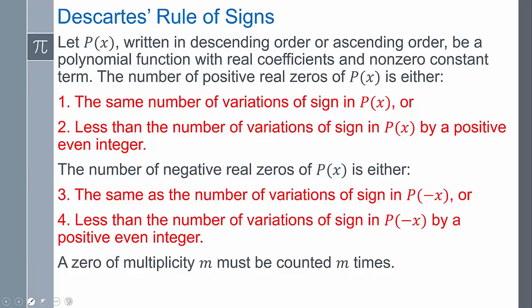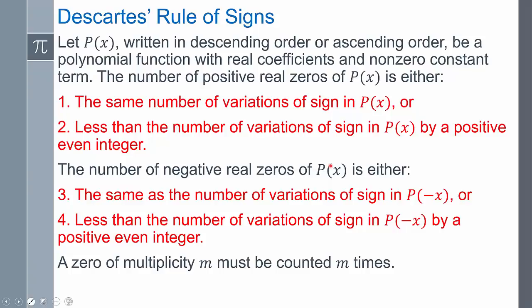What we need to do is look at the polynomial and count the number of variations of sign, which means the polynomial itself is changing from positive to negative and negative to positive. Then we take whatever that number is and start counting down by 2, or an even number, and each of those scenarios is a possibility.